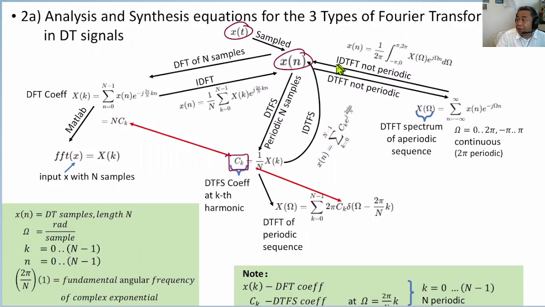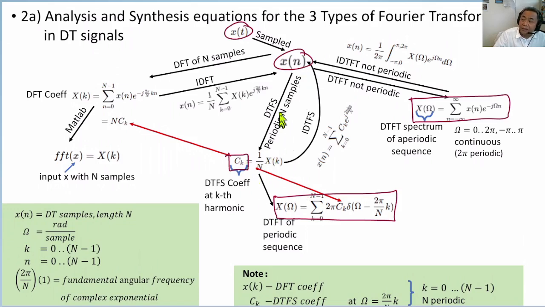If it is aperiodic, then you would use this equation over here. You use this equation if it is aperiodic, and if it is periodic, you'll use this equation over here for DTFT. So trace the arrows and see how we go from one position to the other.